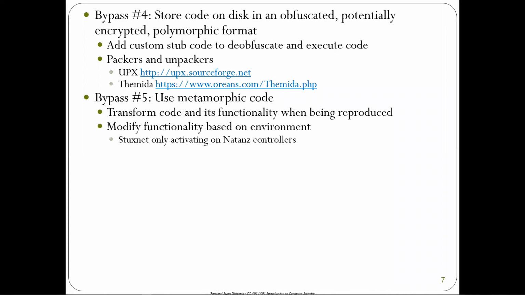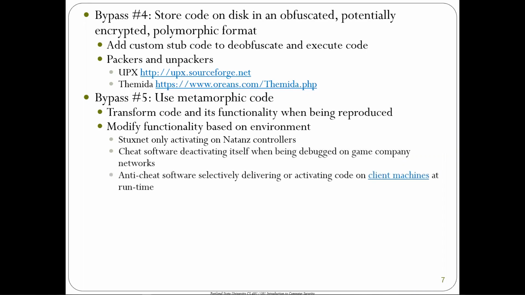Another really popular example of this is cheat software in games. And so if you are cheat software trying to hide yourself from the publisher of your game detecting you, then what you could do is write cheat software that basically disables itself whenever it's being run within a game company's servers. Like if you're running in an IP range of Blizzard, then you would just say exit out, so that the reverse engineer never sees the malicious cheat being run.